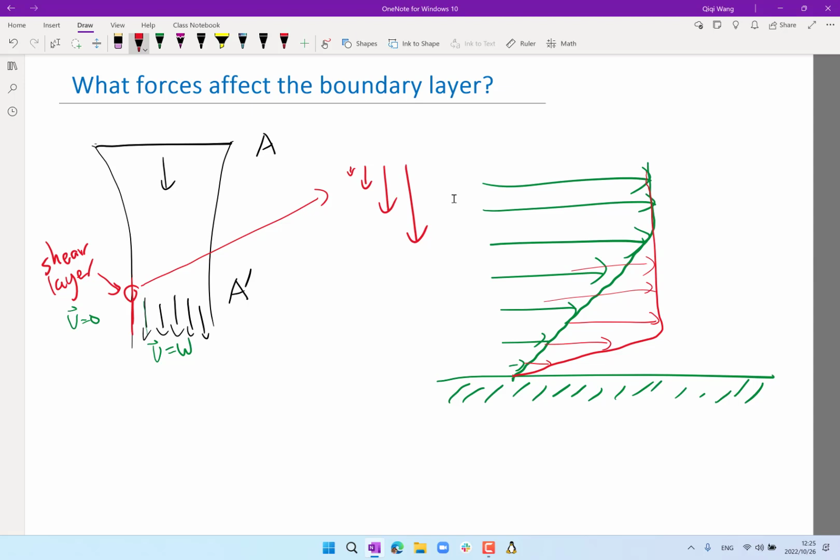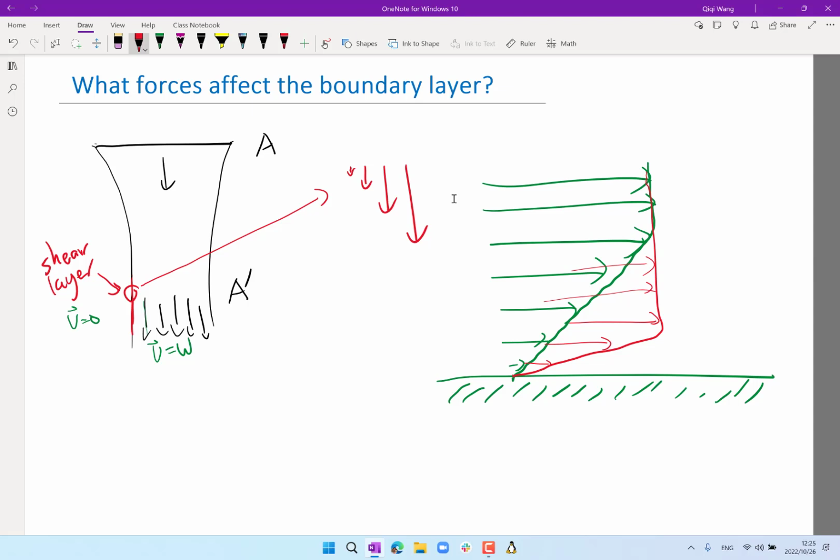Yes, higher pressure upstream and lower pressure downstream, right? That would push the flow in the streamwise direction, and therefore works against the viscous force. That thins out the boundary layer.